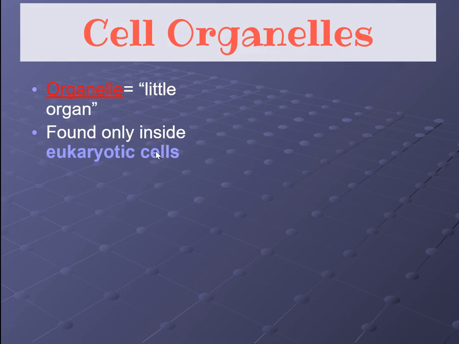But again, remember that prokaryotic cells do have a few organelles, including ribosomes, which all cells have, as well as they have a cell wall and a cell membrane. And we're going to get into that later, about what those individual organelles do. But they are found in both eukaryotic and prokaryotic cells.